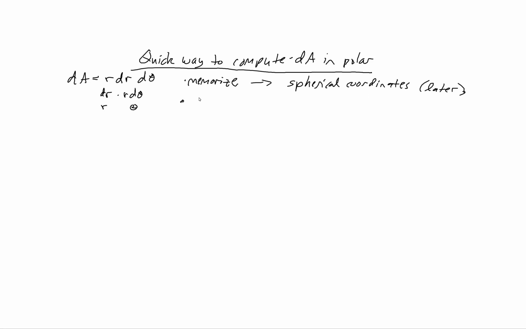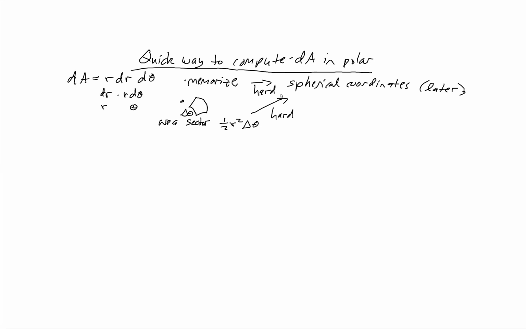And also the book's explanation, which uses the area of a sector, this polar rectangle, they call it a sector, requires knowing that this can be written like 1/2 r squared delta theta. You need to know this calculation, and this also does not generalize to spherical coordinates.